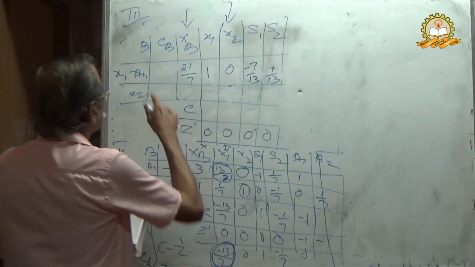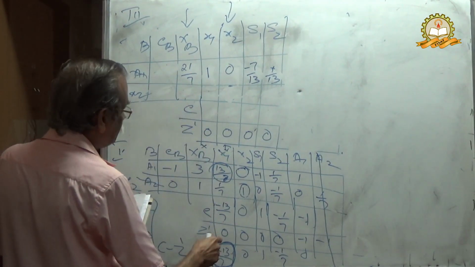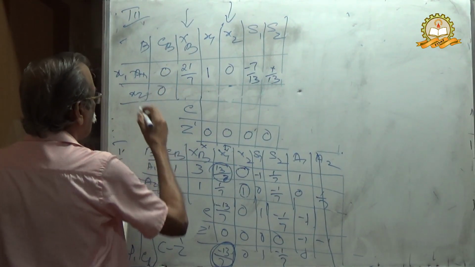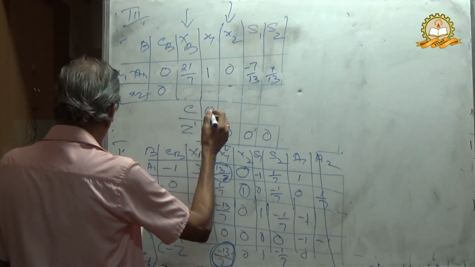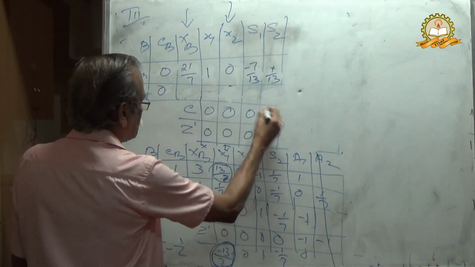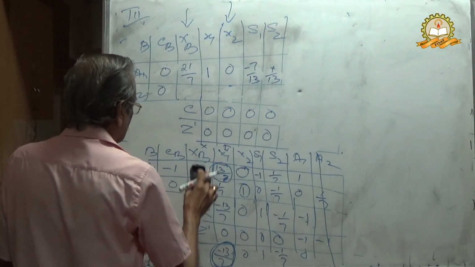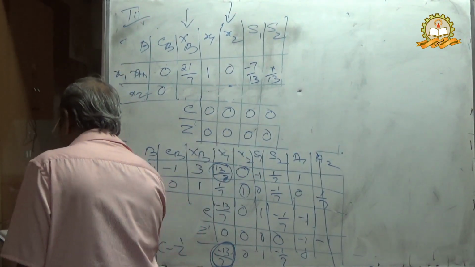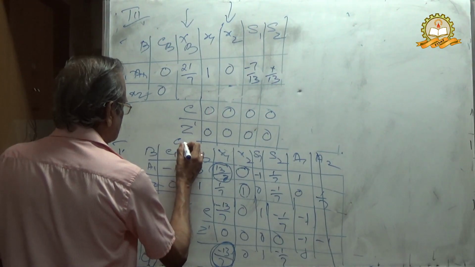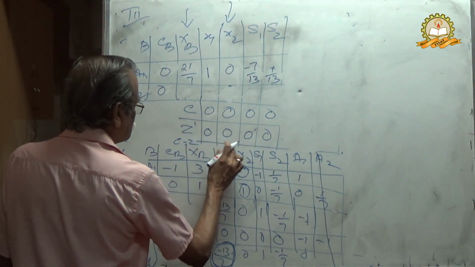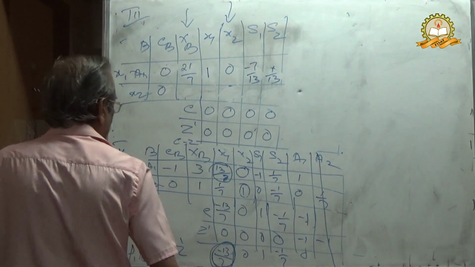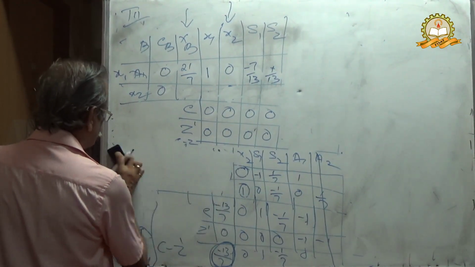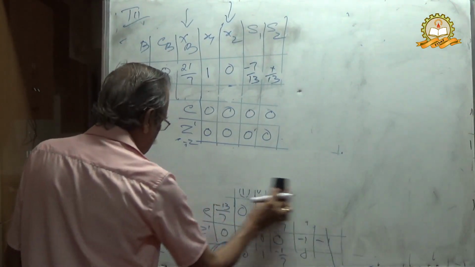Then here x1 equals 0, x2 equals 0. Therefore, the C minus Z row becomes 0, 0, 0, 0.